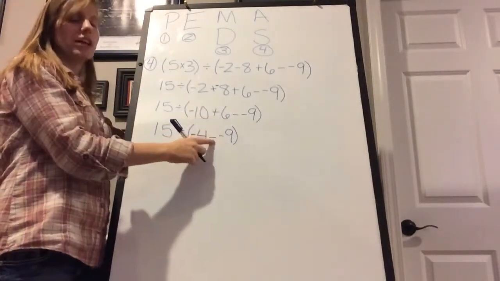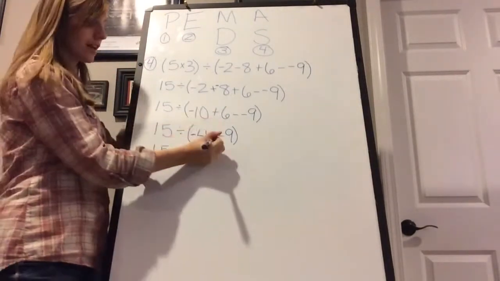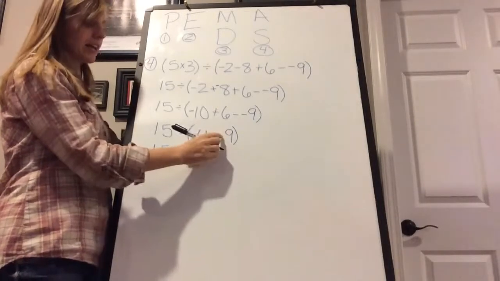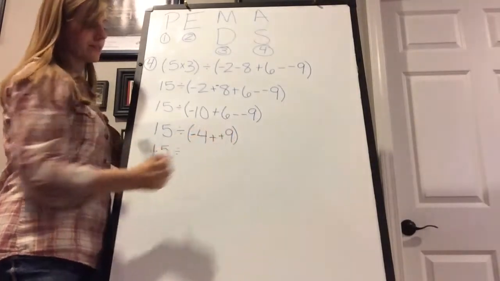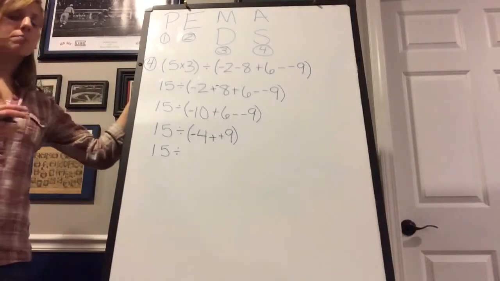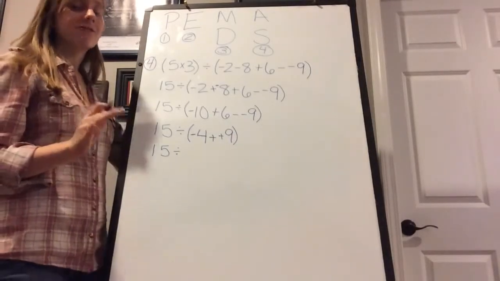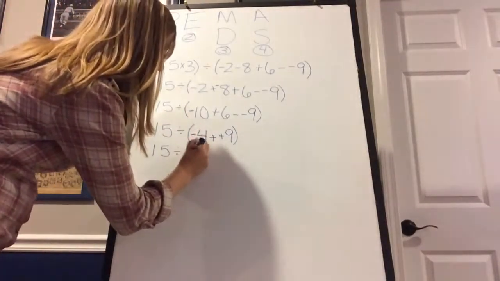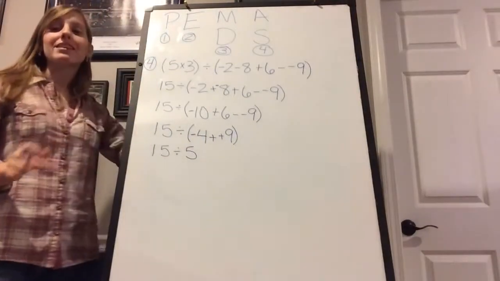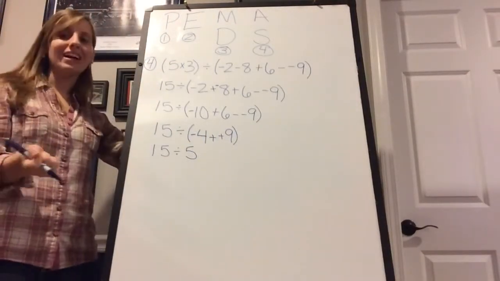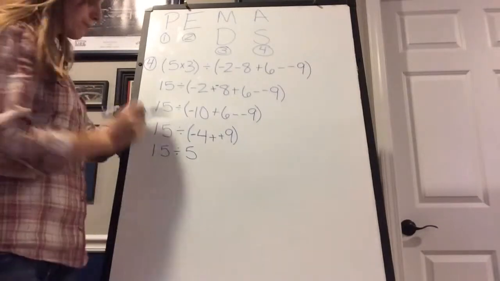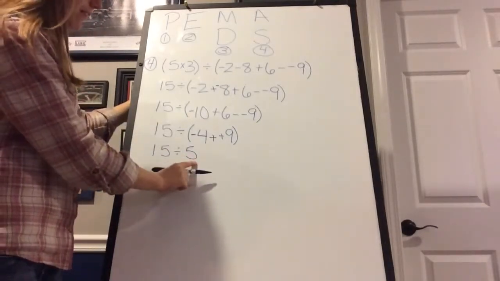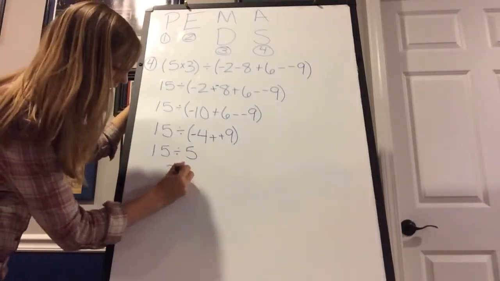Change subtraction to adding the opposite. So instead of subtract, make it add. Instead of negative 9, make it positive 9. Negative 4 plus 9 is a positive 5. So 5 comes down. I don't need parentheses anymore because finally we've done all of the operations. So my last step is 15 divided by 5, which is 3.